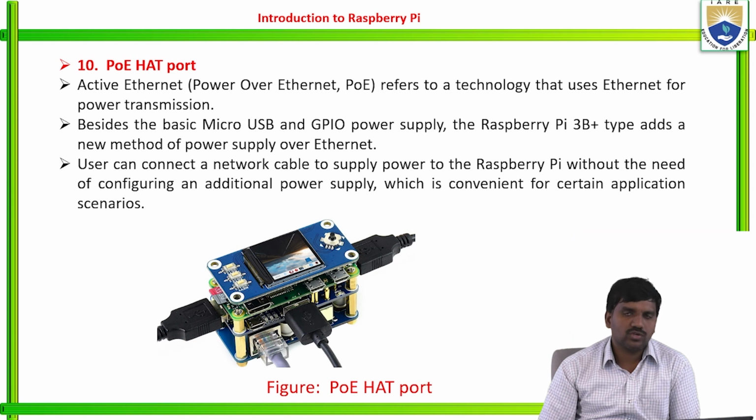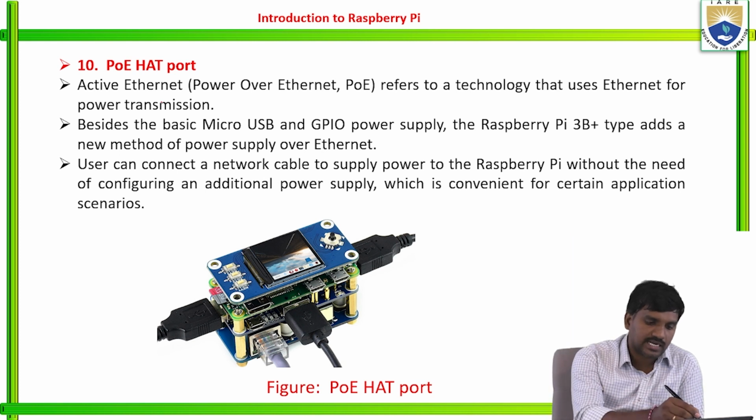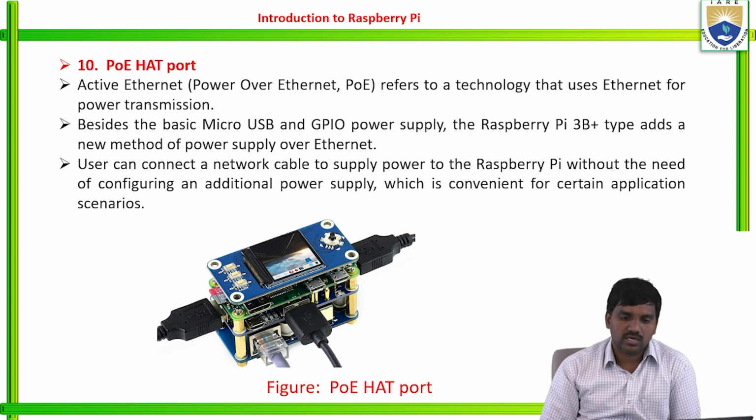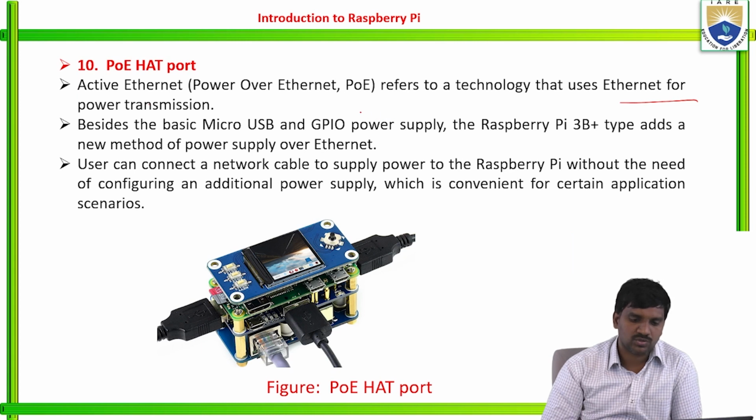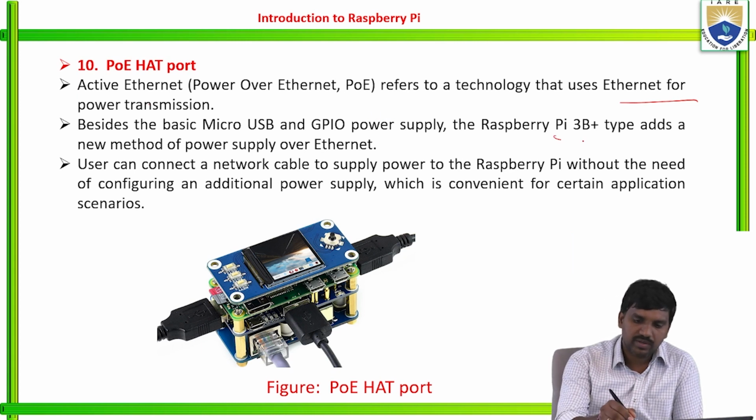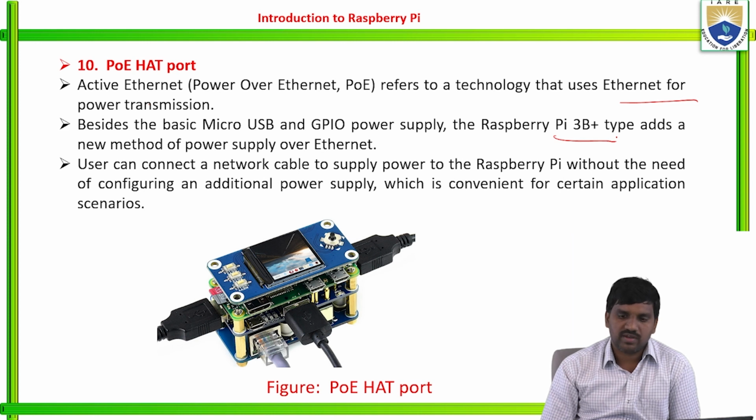The last one, PoE hat port. PoE is power over Ethernet, also called active Ethernet, and refers to a technology that uses Ethernet for power transmission. Besides the basic micro USB and general purpose input output power supply, the Raspberry Pi 3B plus adds a new method of power supply over Ethernet.